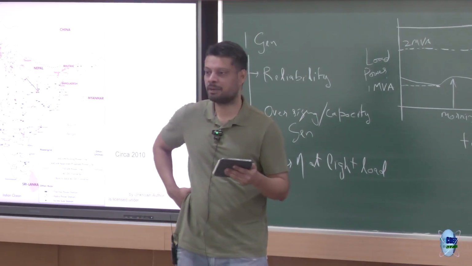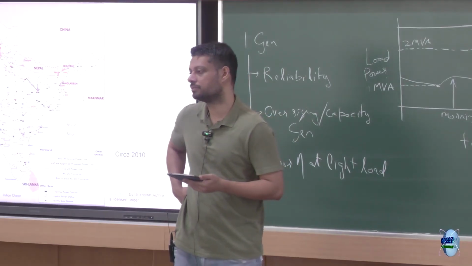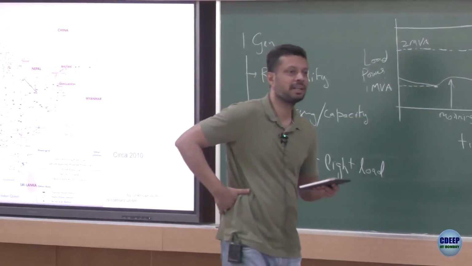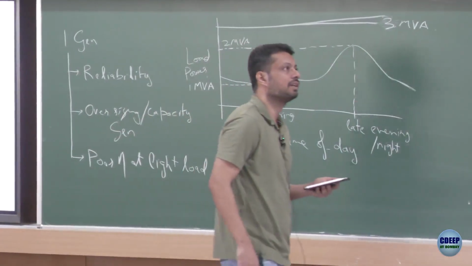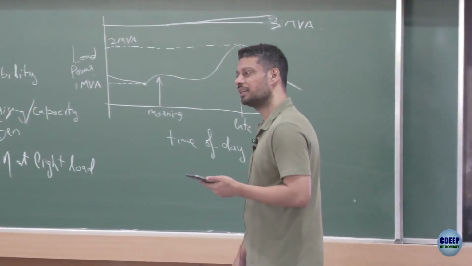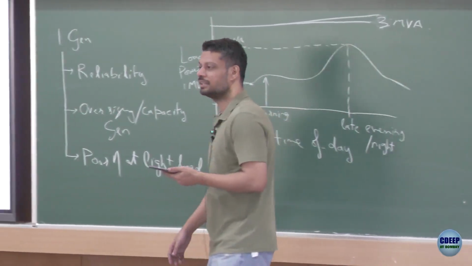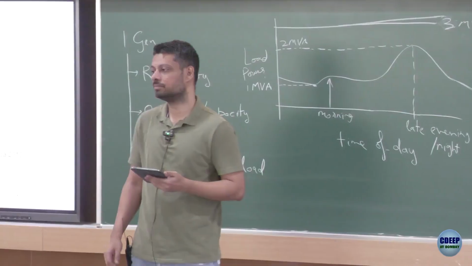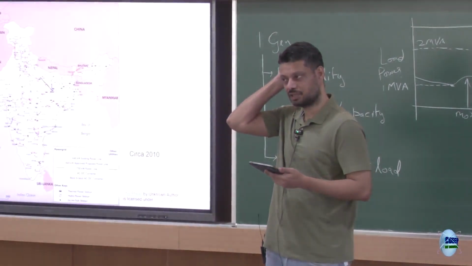So 3 megawatt means how many houses? 3000 divided by 10, it's about 300. So 300 would not be much. It could be a big residential society, so to say.